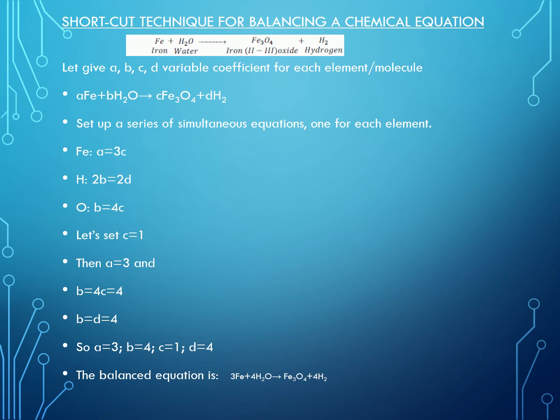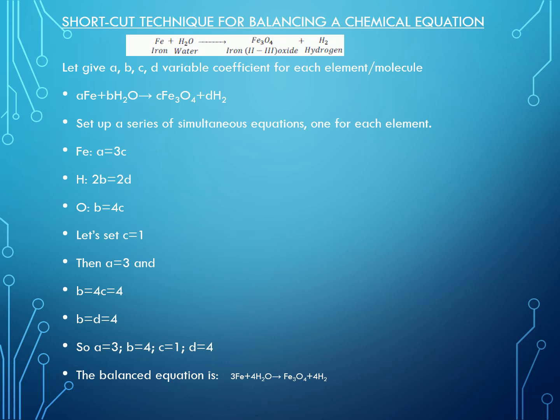Similarly, in the right hand side, it is 2 into D, that is 2D. That's why we have written for hydrogen 2B is equal to 2D. Similarly, for oxygen, it is B equal to 4C.